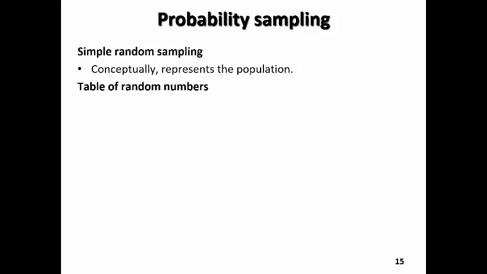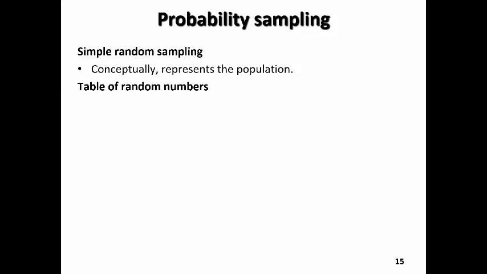The first concept here is simple random sampling. Conceptually, if the sample is large enough, it is an accurate representation of the population because every case, every element in the population, has an equal chance of being selected.